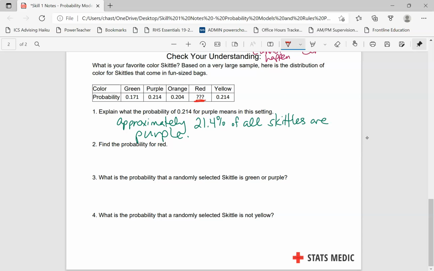What is the probability that a Skittle will be red? Well, we aren't told red, but since this is the sample space, these are the only colors of Skittles. And we're talking about just the traditional ones. There might be different flavor types of Skittles, like the tropical ones, but these are just traditional Skittles. These are the only possible colors, so these probabilities have to add to 1.